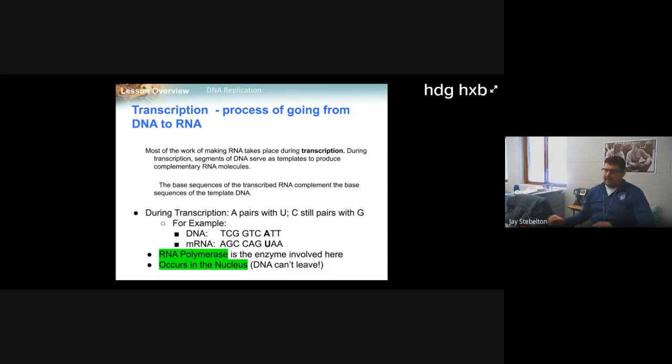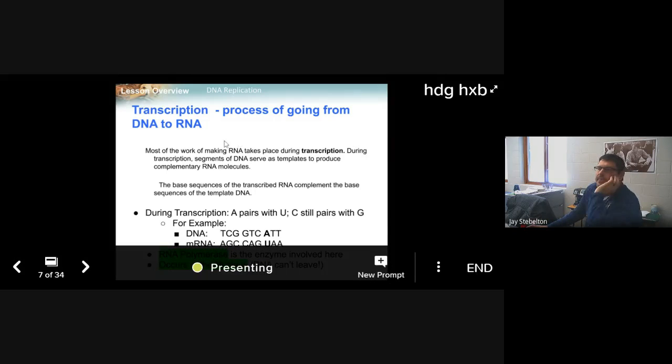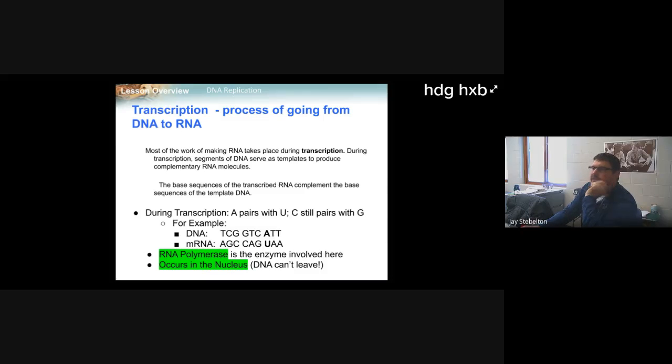So look at this right here. Here is your original DNA strand, T, C, and G. Your message RNA will pair with that original strand.